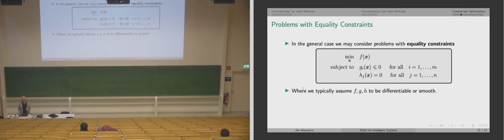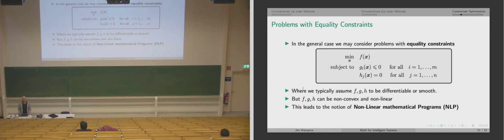We typically assume that F, G, and H are differentiable functions in continuous optimization. But F, G, and H can be non-convex and non-linear. In that case, we talk about something called a non-linear mathematical program or an NLP.